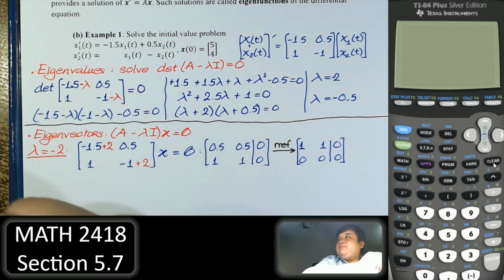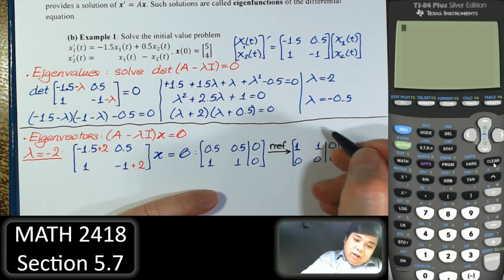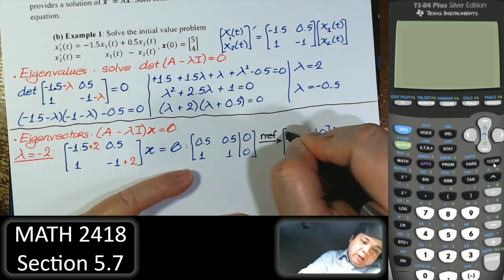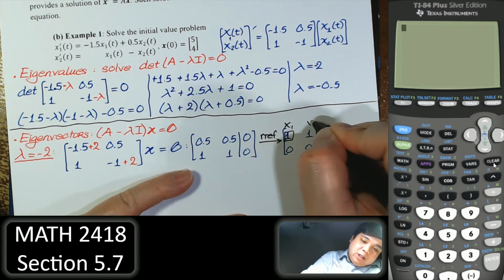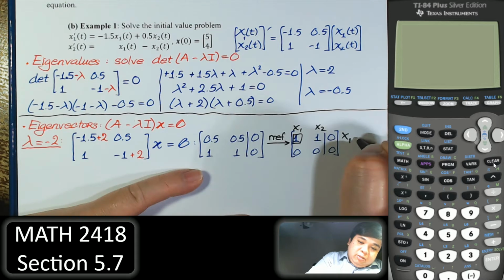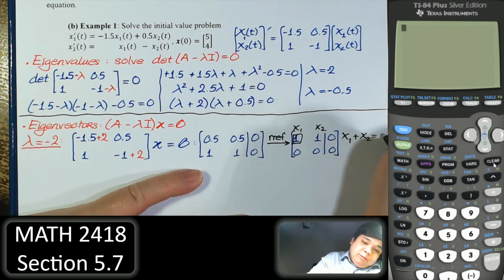We should have that. And then we have x1 here and x2. Of course, this is something we already know.